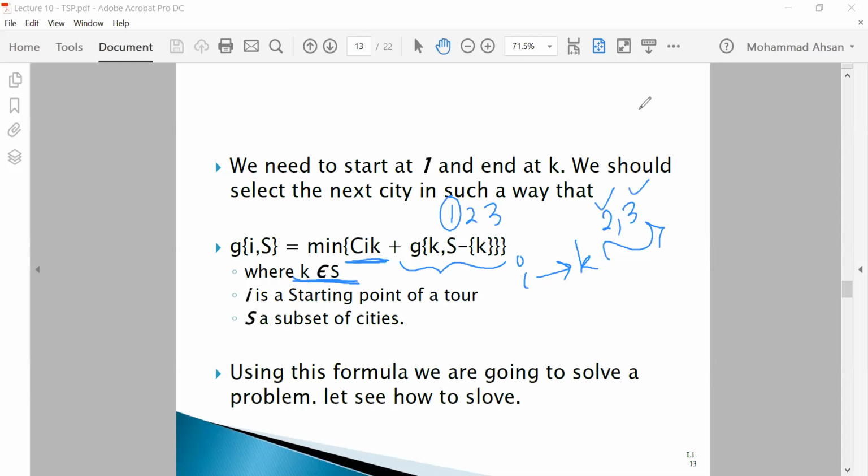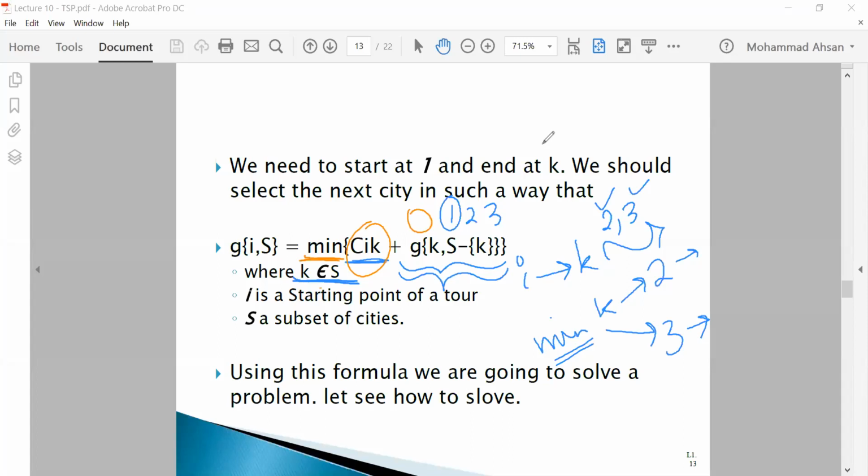So this 2 to 3, this is the subproblem here. This subproblem is again going from k to either 2 and then so on, or from k to 3 and so on. So which one of the two is minimum? Once you know that, you substitute that value here, and then you add this cost to that, then you find the minimum of all the three k's.